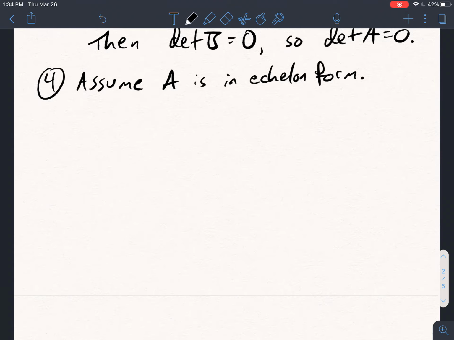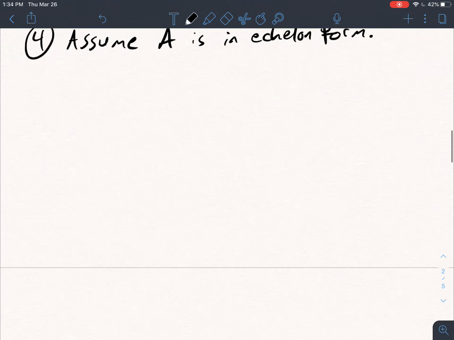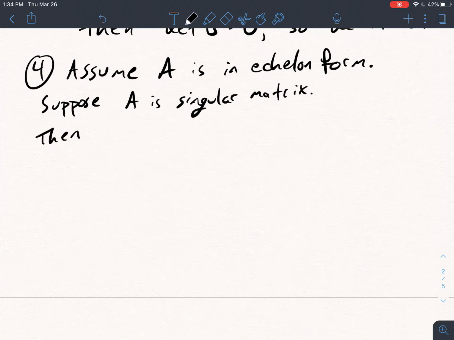Those cases are effectively exactly the cases where A is either singular or non-singular. So for case 1, let's suppose A is a singular matrix. Then A has a row of zeros.